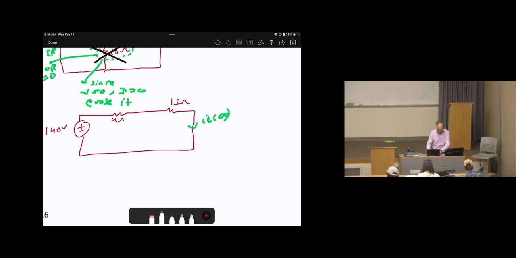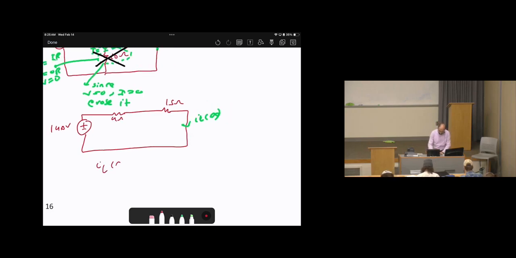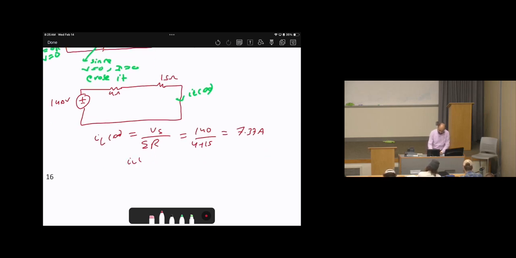I equals V source over the sum of the resistors, which is 140 over 4 plus 15. So the answer will be 7.37 amperes. Okay? Now, don't forget to box your answer, 7.37 amperes. So it looks like, okay, we are done with the problem.